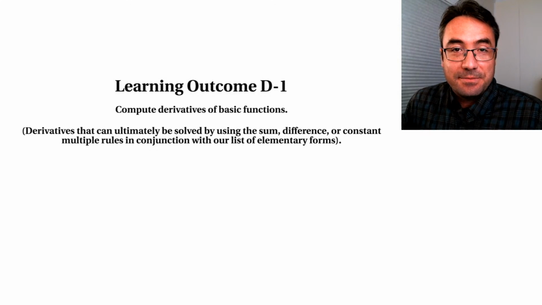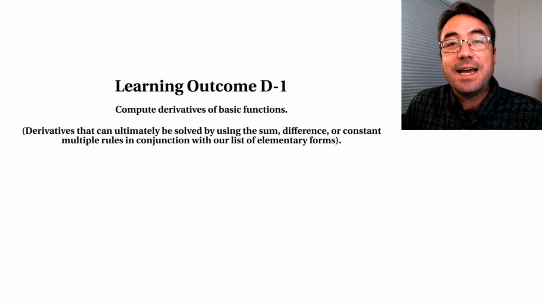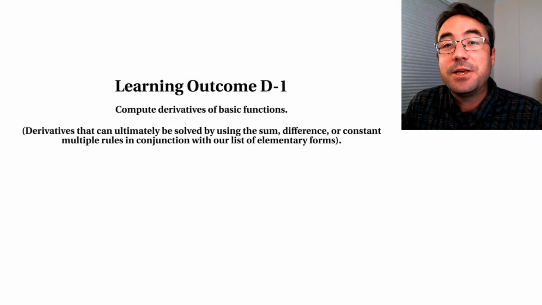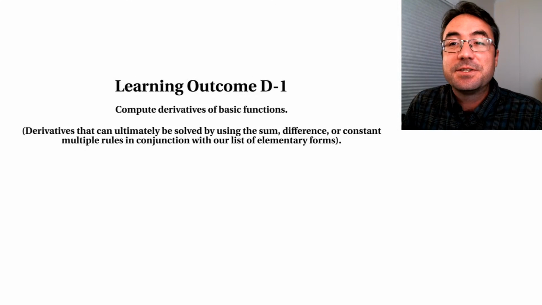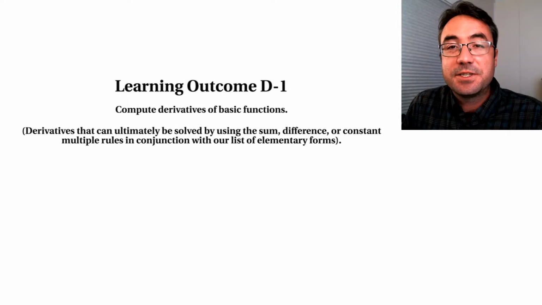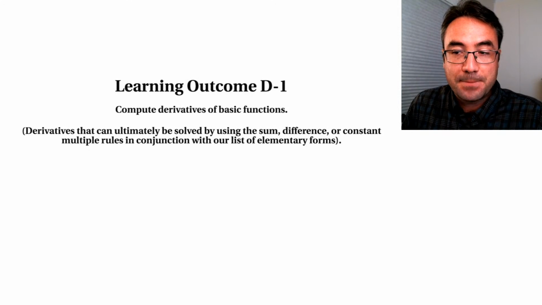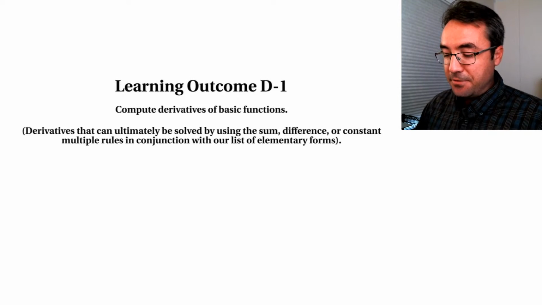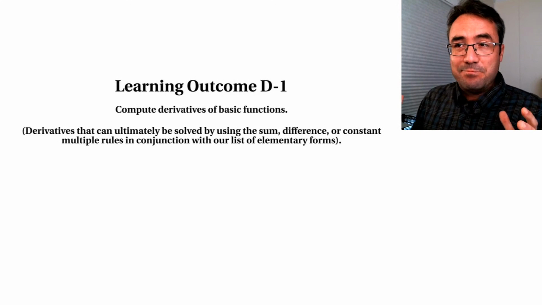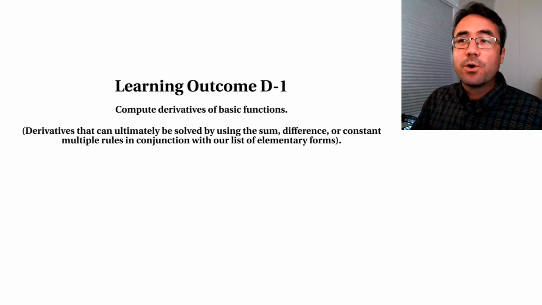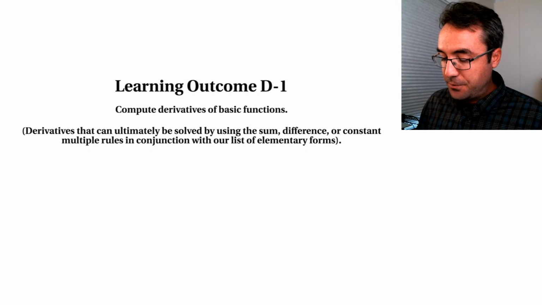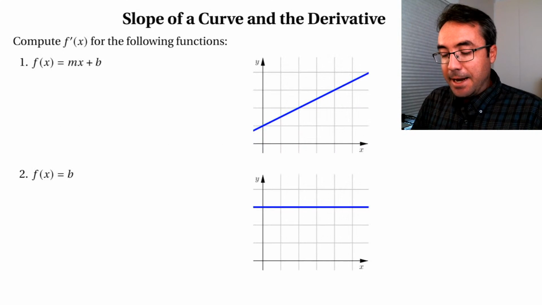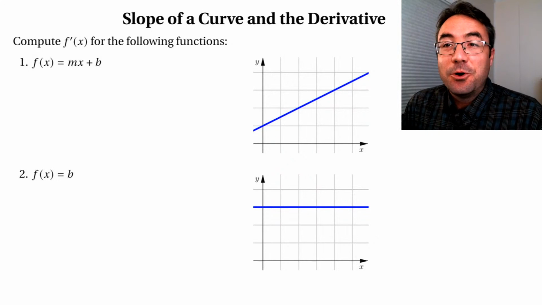In this lecture, we're going to see how to do derivatives of functions that can ultimately be solved by using the sum, difference, or constant multiple rules in conjunction with our list of elementary forms. To put this into the context of what we were doing the past few lectures, let's talk about slope of a curve.